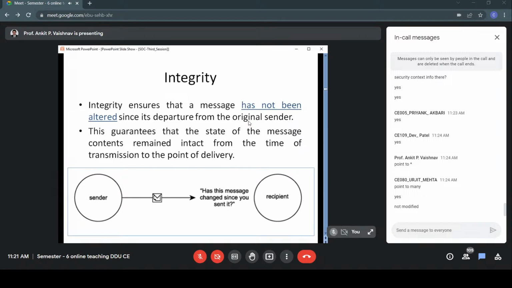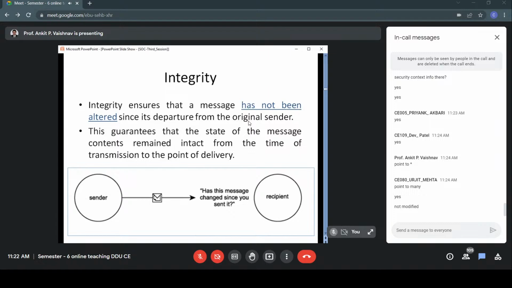Okay. Why are we saying original sender? Because it can navigate through multiple intermediaries, and every intermediary will be acting as a requester. Yes or no? Remember those roles, service roles. Every intermediary service will be acting as a requester, right?